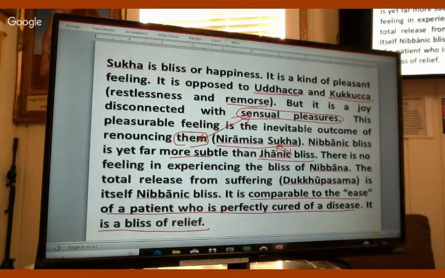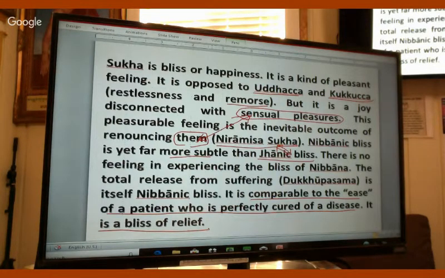For example, if you have had a very strong toothache, you are in a lot of pain. But if you get a cure and the ache is totally gone, how do you feel? You don't have any particular feeling, but you have a kind of relief from that suffering, that aching.